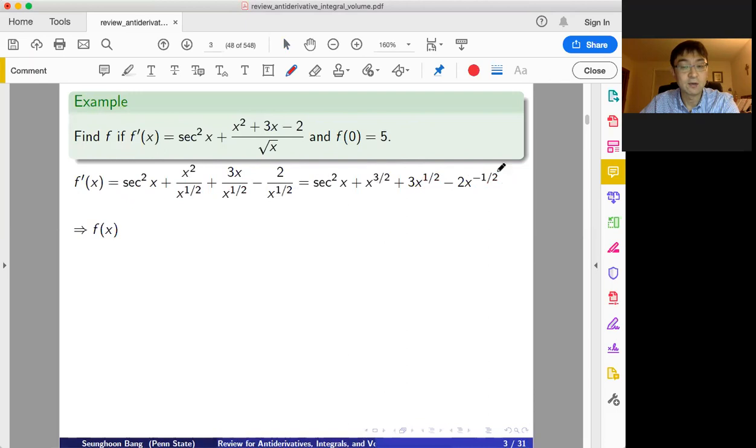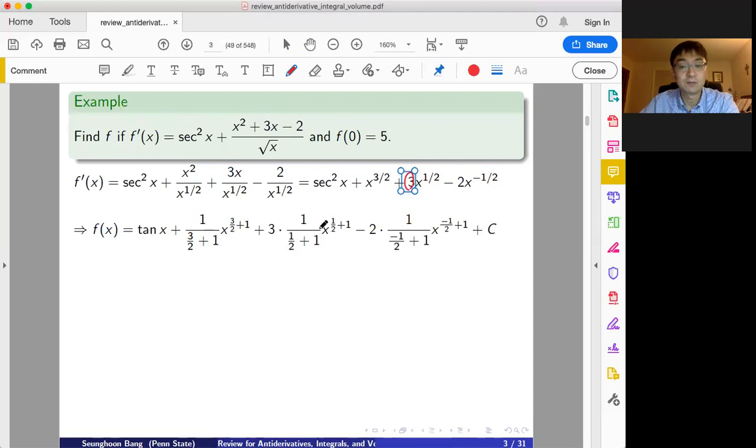The next step is to find the antiderivative. So what is the antiderivative of secant square of x? Do you know? Okay, good. Right. For the other parts you can use the power rule: 1 over 3/2 plus 1, x to the 3/2 plus 1.